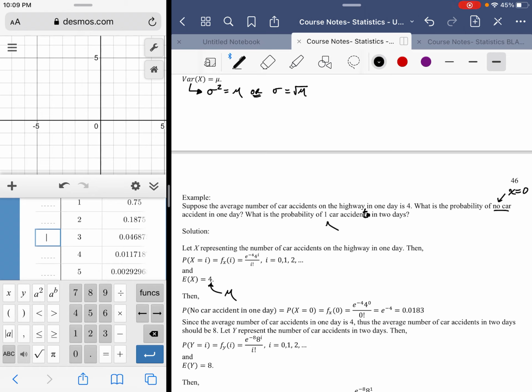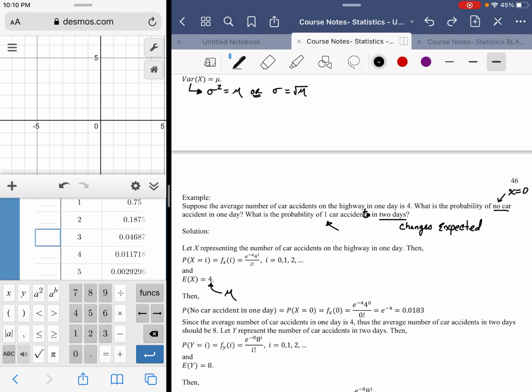When it says one car accident in 2 days, now that's a little bit of a different situation because it's in 2 days. So that's going to change the expected value. We would expect there to be 4 car accidents in one day.